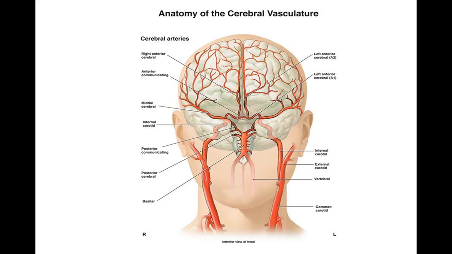So these are the two systems of vessels supplying the brain. I repeat, anteriorly you have the carotid system, and posteriorly you have the vertebro-basilar system. Let's see how exactly these two systems supply the brain.